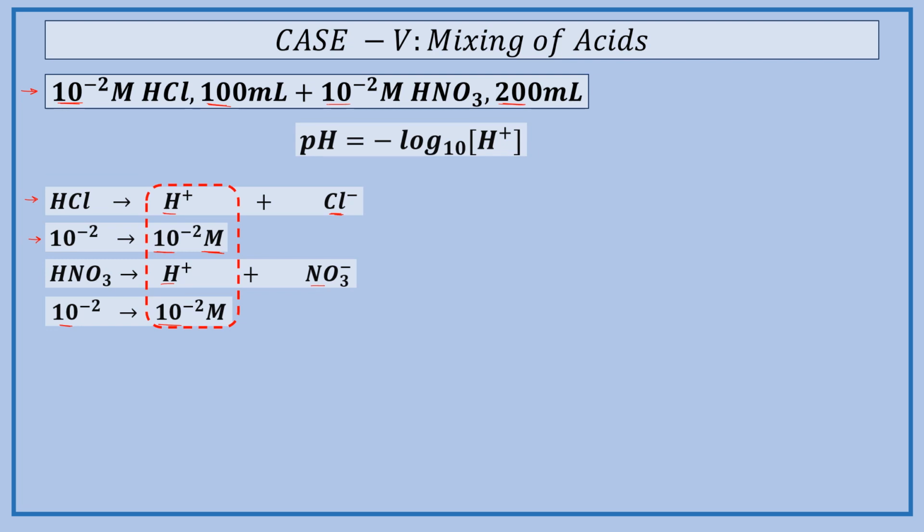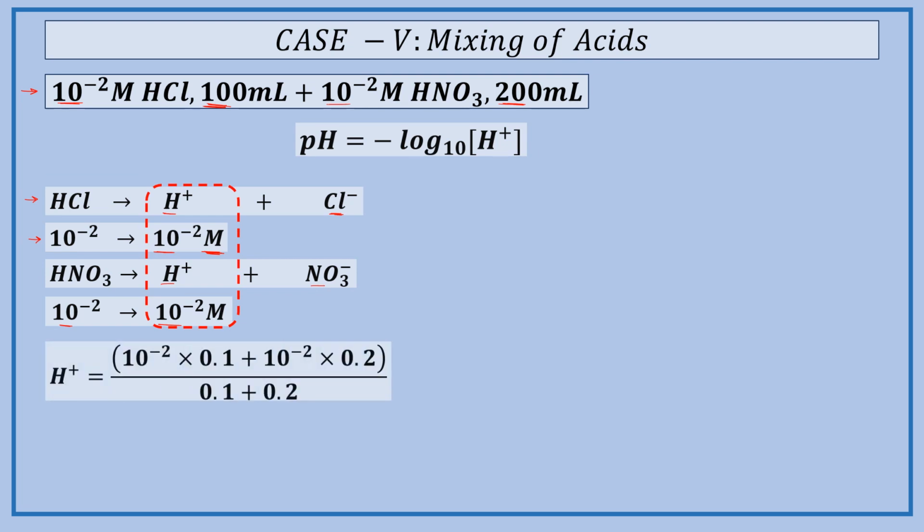Now 10 to the power minus 2 molar signifies that it is the concentration in 1 liter of the acid. However, here we have taken just 100 milliliter and 200 milliliter of respective acids. So we will have to multiply this molarity with volume to get its number of moles, and then again divide by total volume to get the molar concentration of H plus.